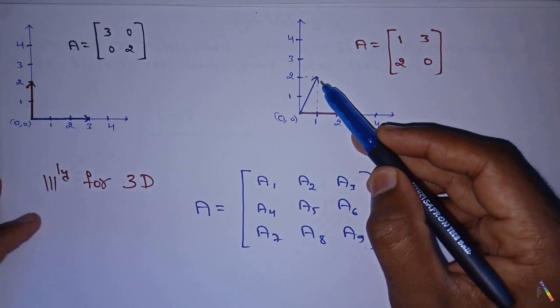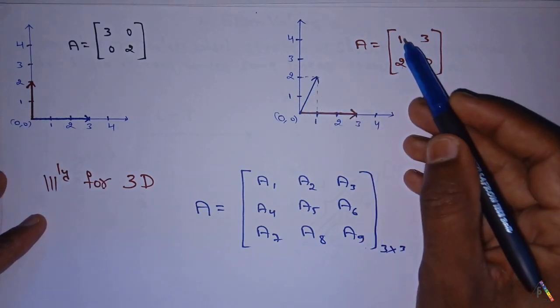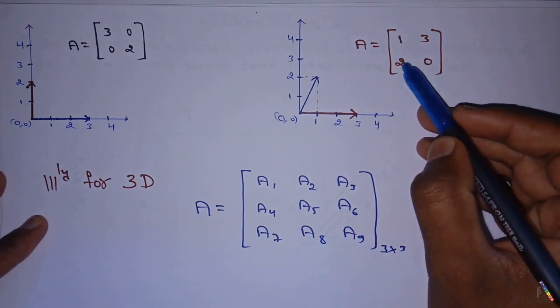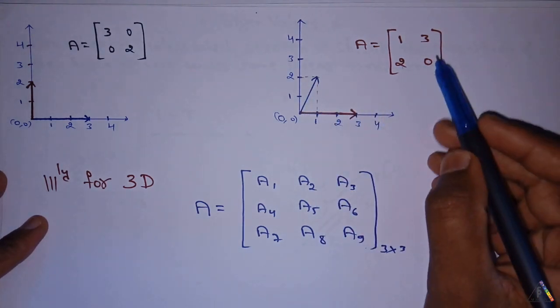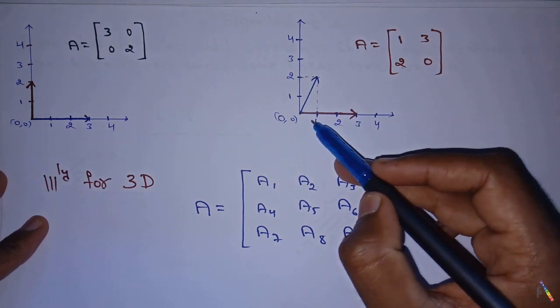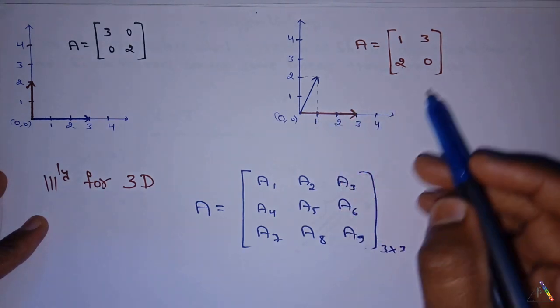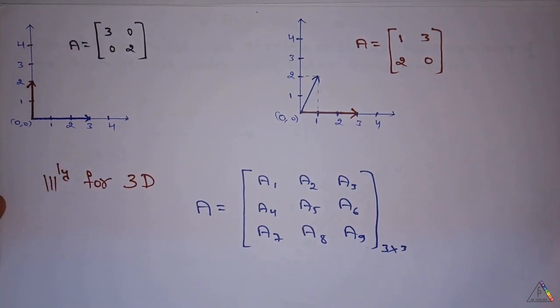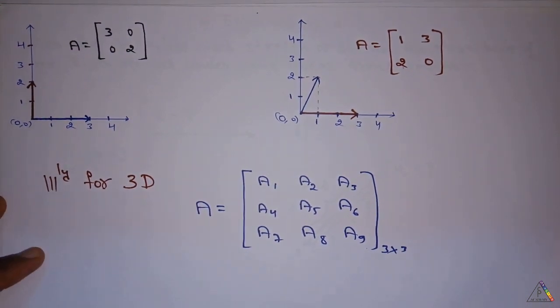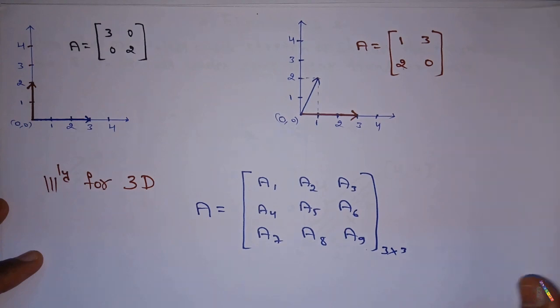Here also this blue vector has the component of 1 along the x-axis and the component of 2 along the y-axis, and this red vector has the component of 3 along the x-axis and the component of 0 along the y-axis. Similarly, we can represent any vector in three dimensions, and in three dimensions the basis vectors will have 9 components, and we can represent them by a 3 cross 3 matrix.